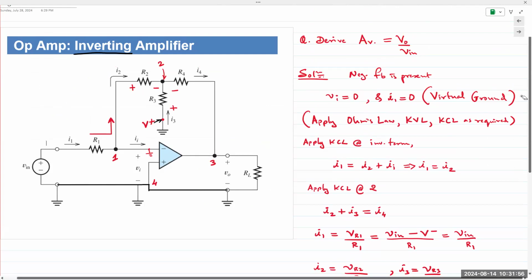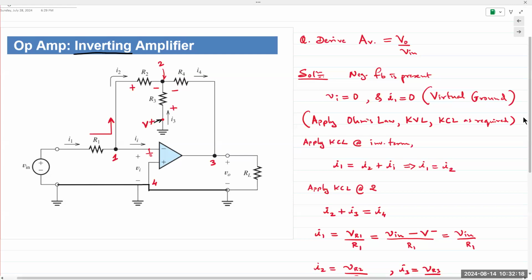Okay. So again, just a recap. I started here. I know that I4 is going to VO. I4 is given by the sum of I2 and I3, right? I need a way where I can include V in into those equations.